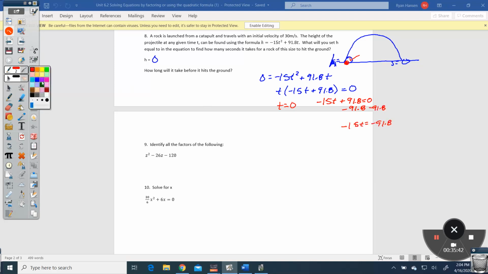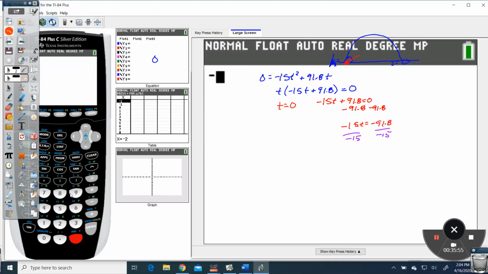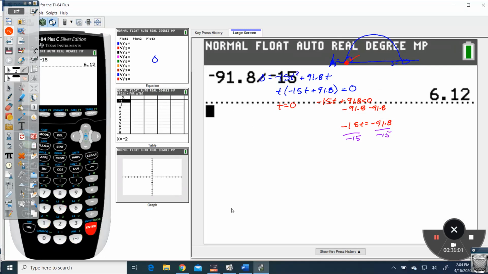So now I just divide that by negative 15. So I go to my trusty calculator. Come on, calculator. We're going to go negative 91.8 divided by negative 15. And it tells me that it's 6.12 seconds.